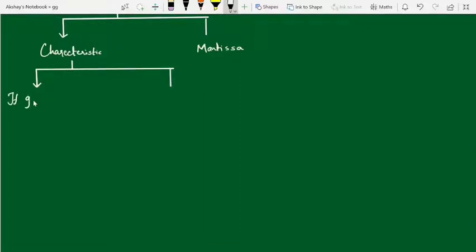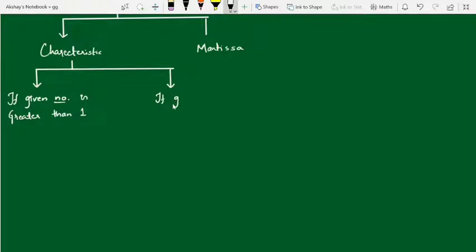If the given number is greater than 1, then some steps of procedure we have next.